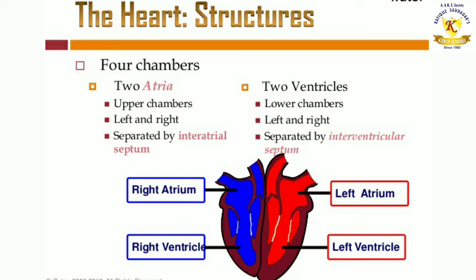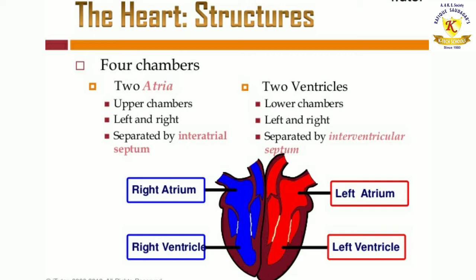The structure of the heart. The heart has 4 chambers, 2 atria and 2 ventricles. The 2 atria are present at the upper chambers, left and right, that is the left atrium and right atrium, and they are separated by the interatrial septum. Whereas the ventricles are the lower chambers, left and right, that is the left ventricle and right ventricle, and they are separated by the interventricular septum.